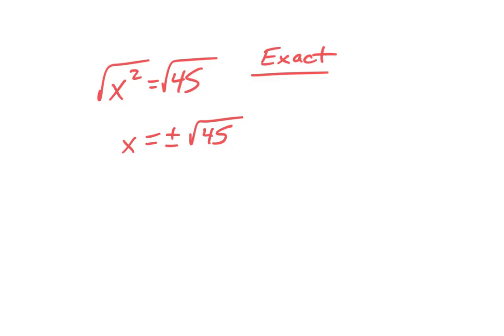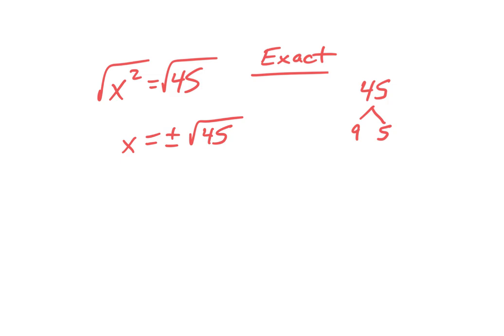But if I'm going to simplify 45, there's a couple of different ways that we can do this. It's been a while since we've done this. One way is to do the tree diagram, where we break it down into its prime factorization. So, for instance, find something that goes into 45.